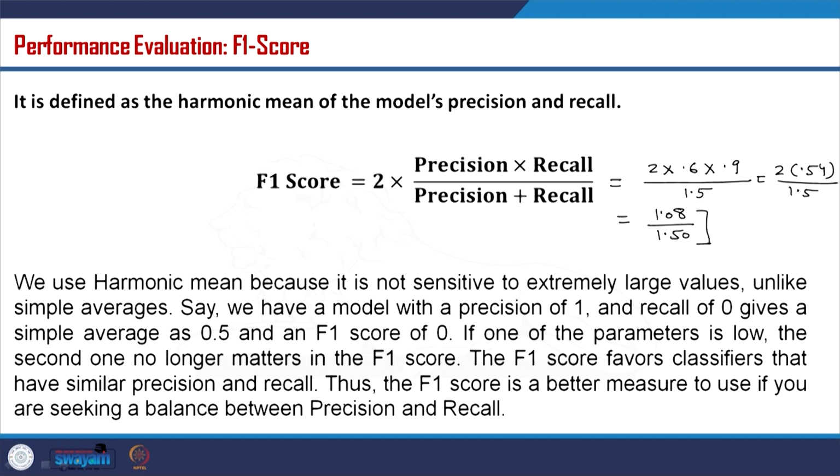Okay. So, we have seen the confusion matrix, precision, and recall, which is also called sensitivity, and the F1 score, which is the harmonic mean of precision and recall.